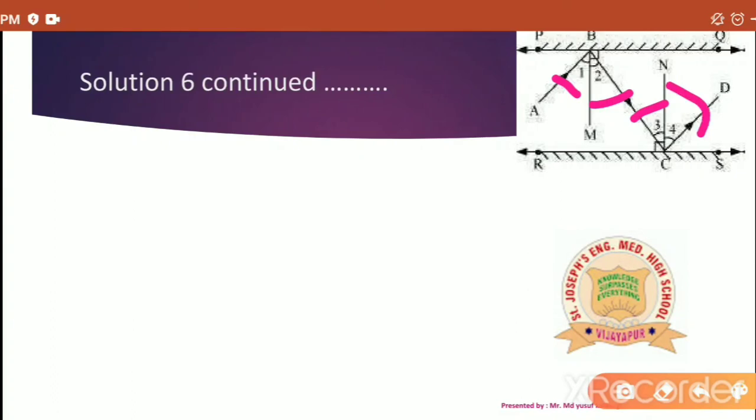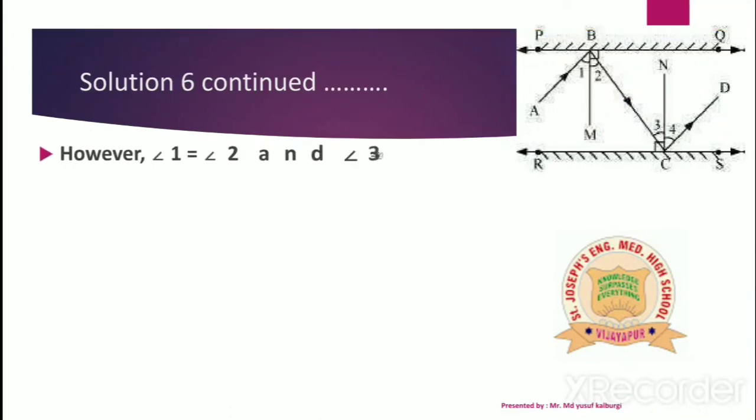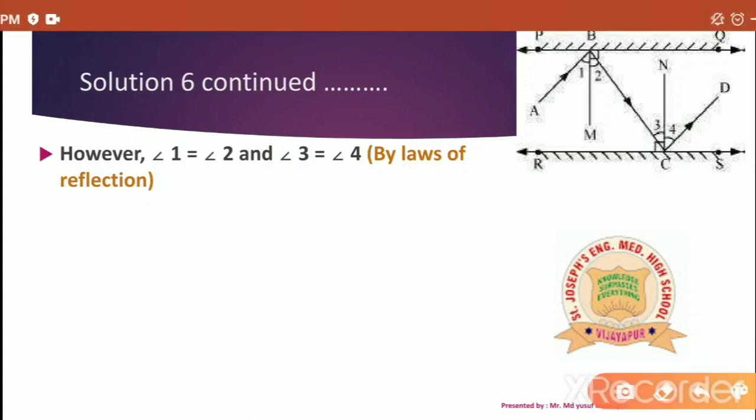So that's what we are going to write here: angle 1 is equal to angle 2 and angle 3 is equal to angle 4. Now we also know that angle 2 is equal to angle 3.